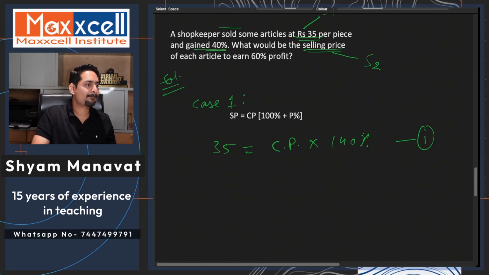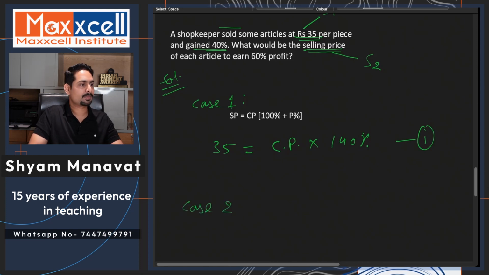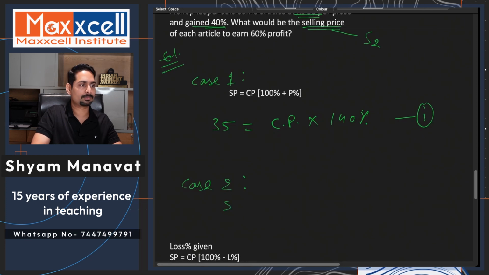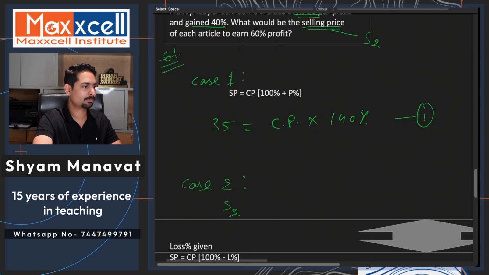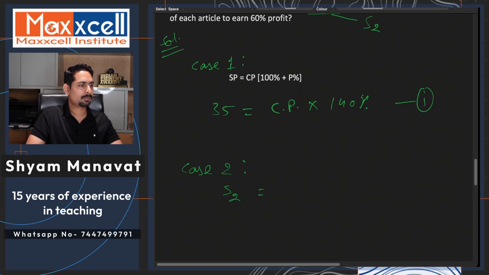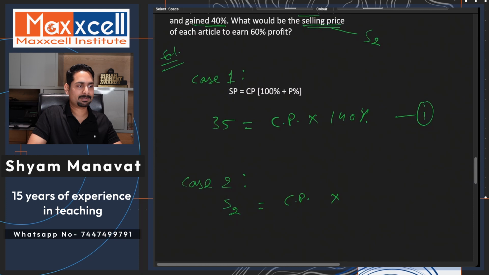Okay. Case 2. Here it says find the selling price. That means selling price 2. Okay, find the selling price is S2. In which case, when on the same cost price you apply 60% profit.